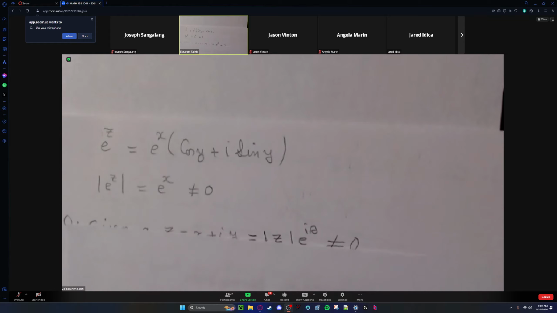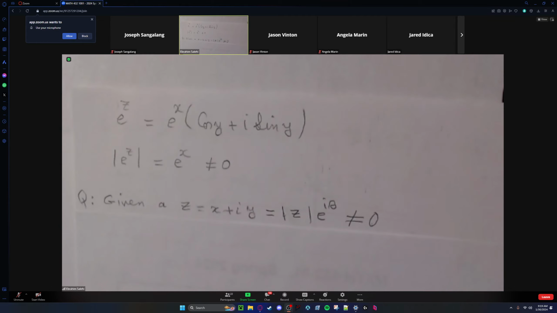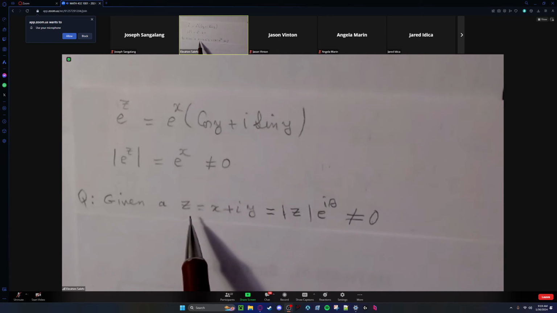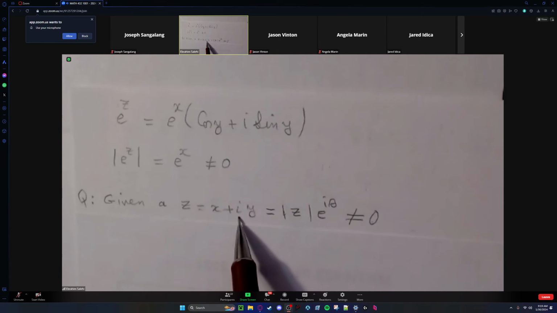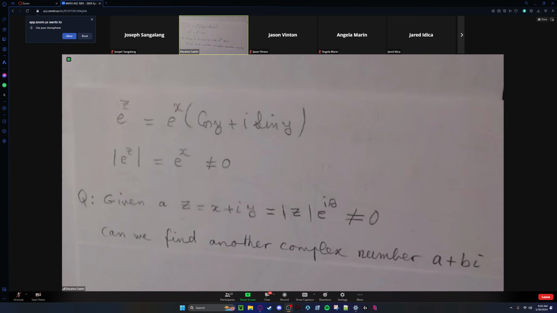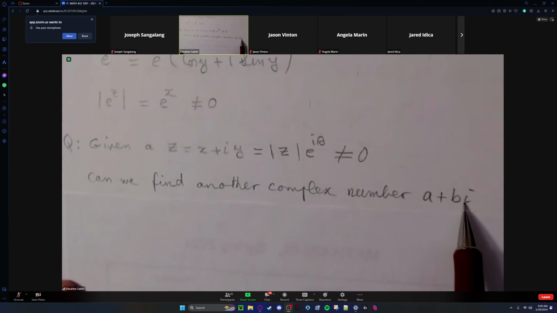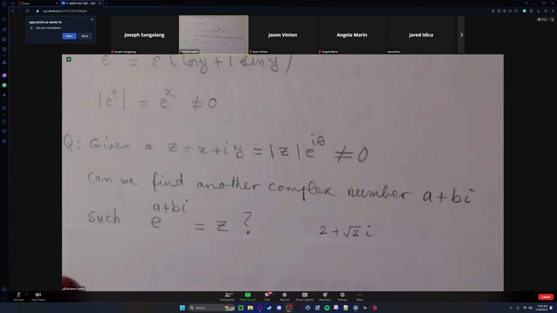What I want to do is the other way around. If you have a complex number which is not 0, can we find another complex number so that e to the a plus bi becomes this z? So here's the question.